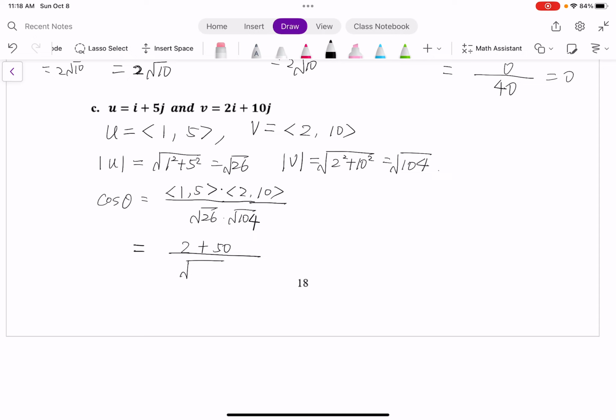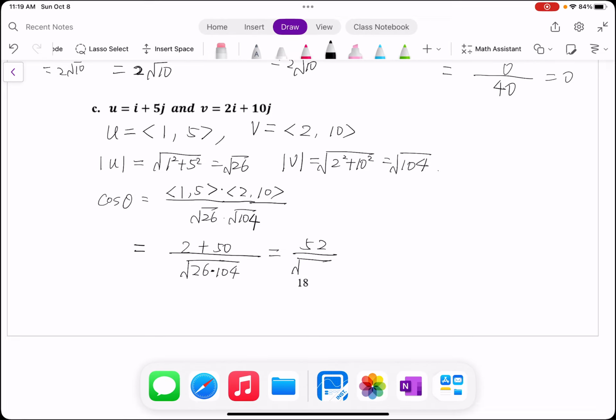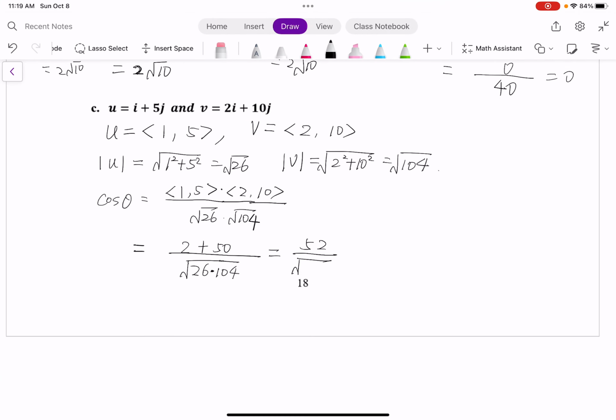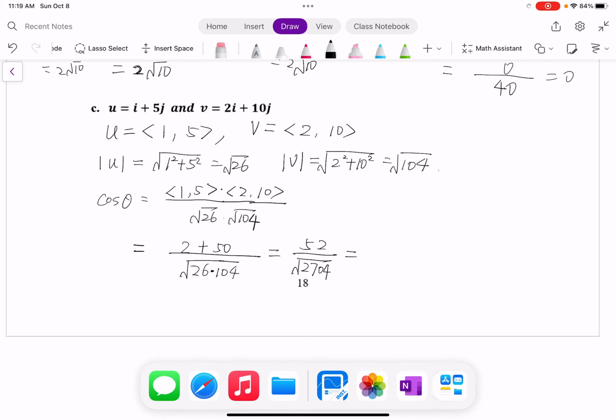And the bottom is 26 times 104, which is 2704. So we have 52 over square root of 2704. How to simplify this? Let's try to find the square root of 2704.